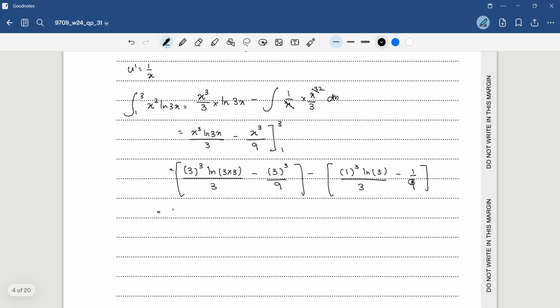So it will be 3 squared over 9. So 9 ln 9 minus 3 minus 1 over 3 ln 3 plus 1 over 9.